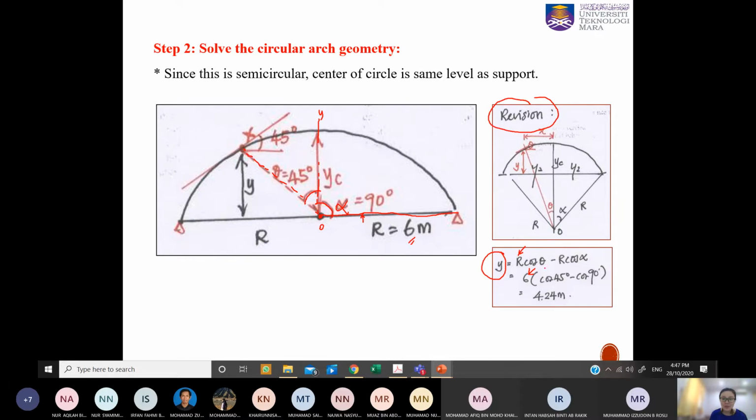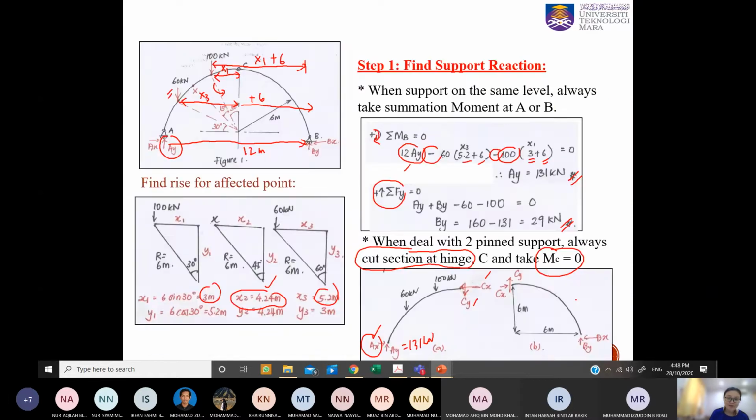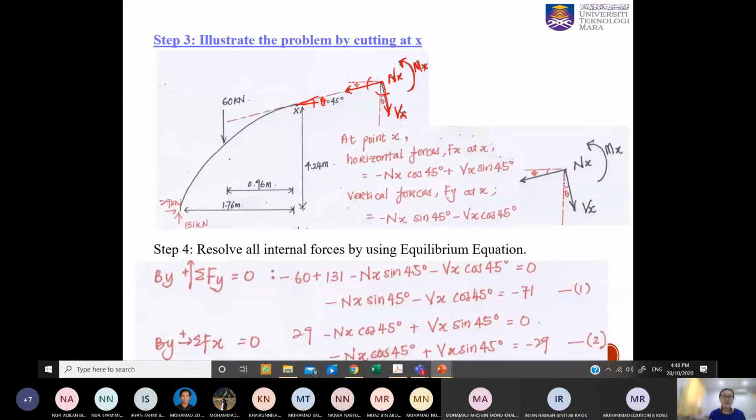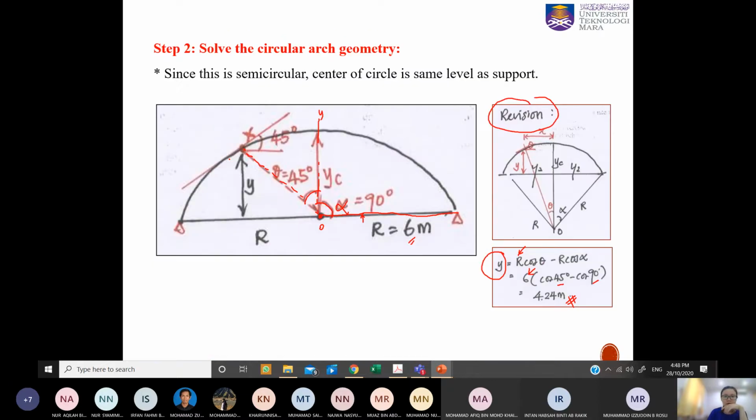So you just put it in this equation, cos theta minus cos alpha, times R. Then you get the 4.24 meter, which is the same as what you got from solving the geometry of the triangle. Next, once we already know about this angle, where have I shown? It's here.